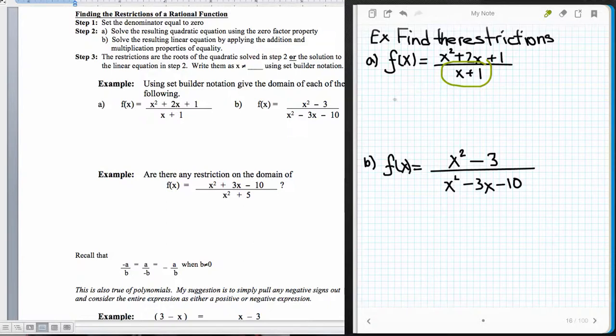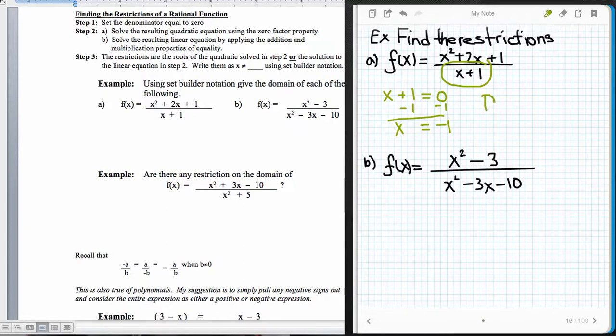So if I want to find the restrictions of f of x equaling x squared plus 2x plus 1 over x plus 1, I'm simply going to say, okay, well, what makes x plus 1 equal to 0? And I solve that really simple linear equation, and I find out that x equaling negative 1 is what makes this equal to 0.